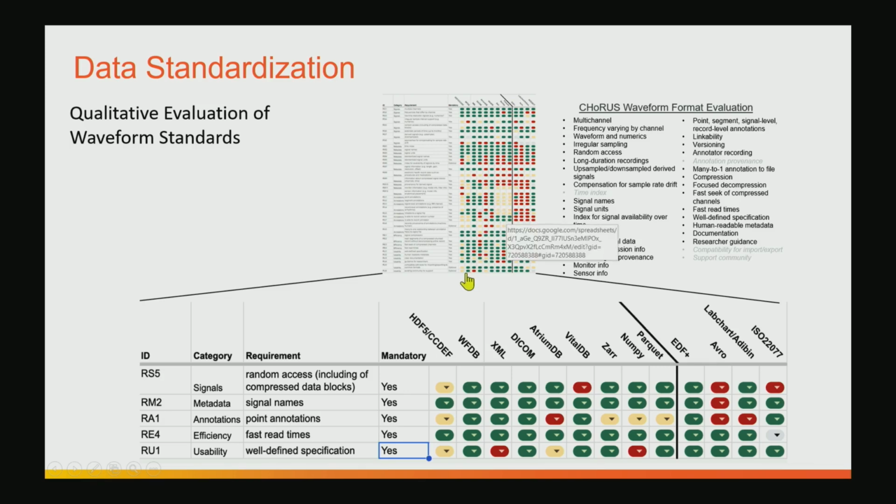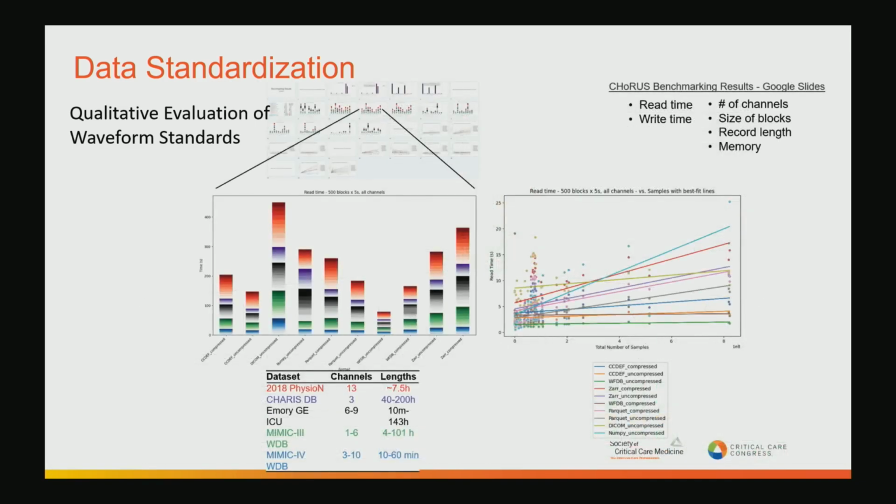And in doing so, we did settle on the WFDB format because it does a lot of what we felt were important. And another part of that is being open and modifiable. But another dimension of that is that if you choose a standard, you want it to be a standard that's fast. So there are some standards that may be good, but when you look at them, and here each color is a different data set: the 2018 PhysioNet Challenge data set, CHARIS, Emory-GE data set, MIMIC 3, 4.